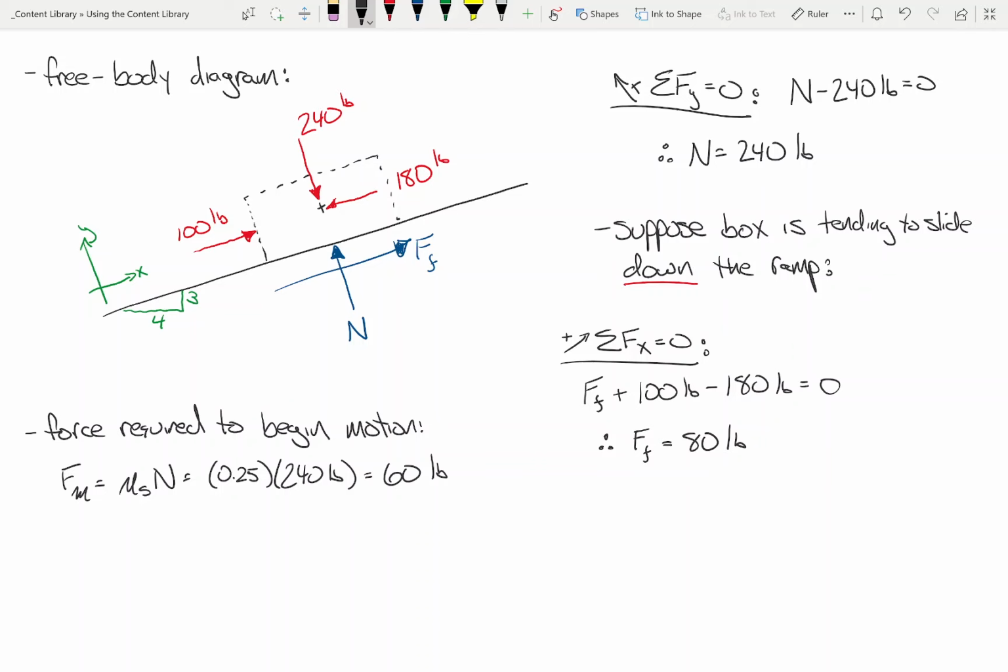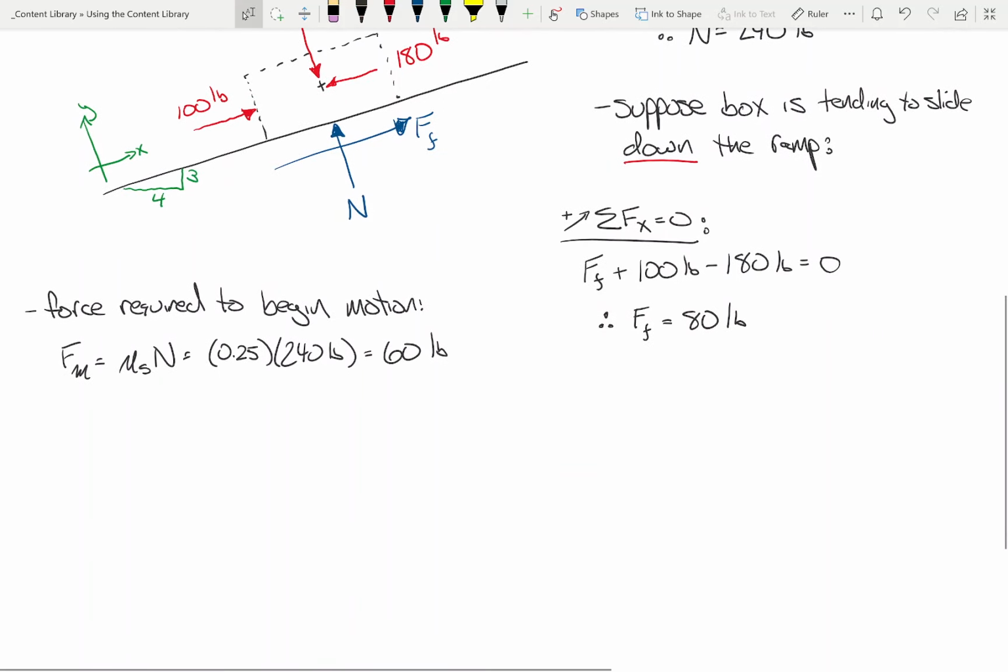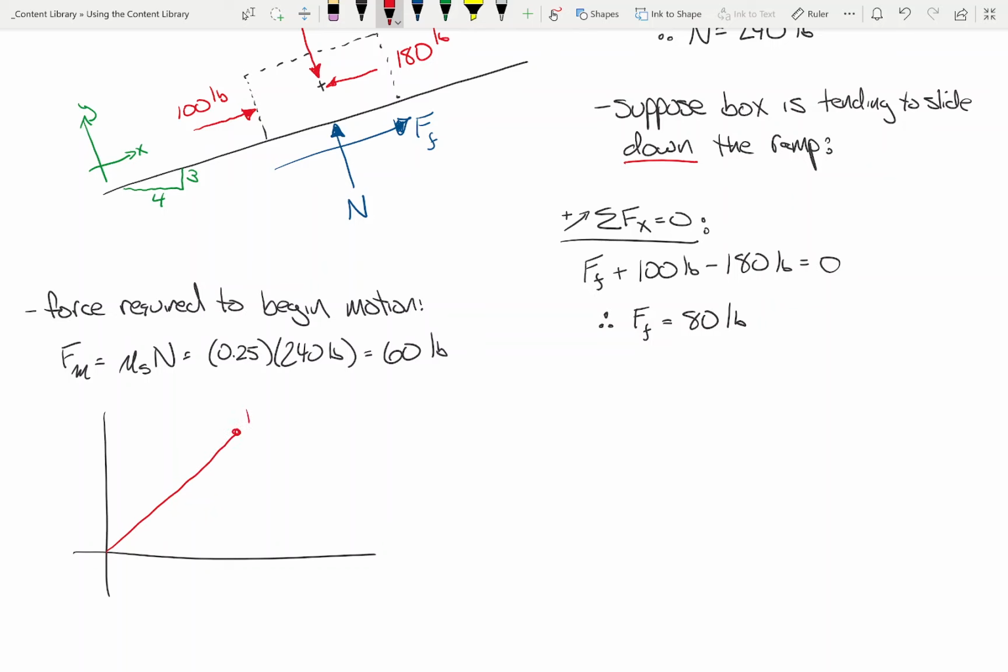Remember what the friction graph looks like. Here's the graph. We can generate friction up until Fm, then we start moving and we get Fk. So to keep the box in equilibrium, we need 80 pounds of friction.